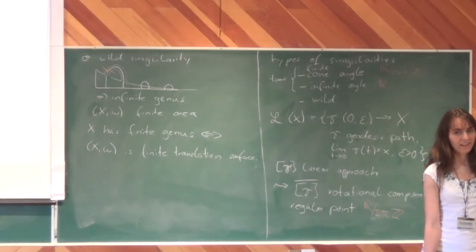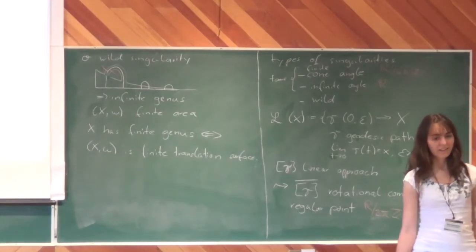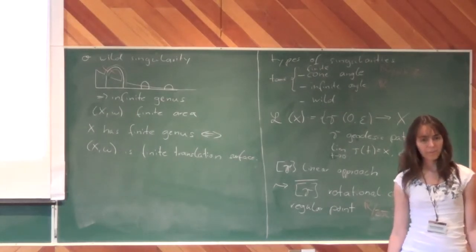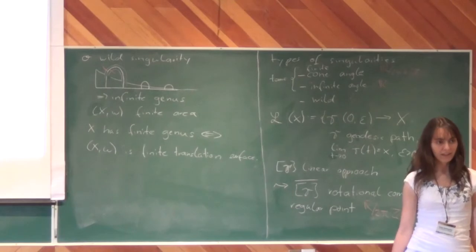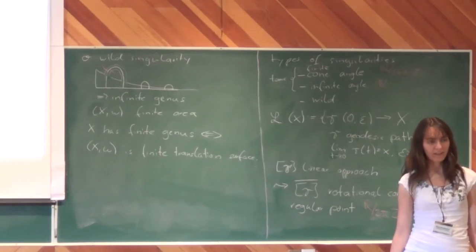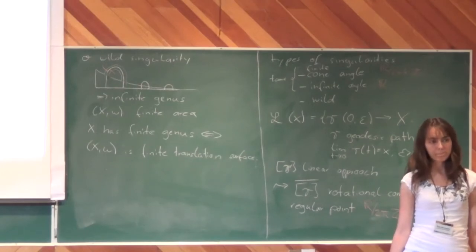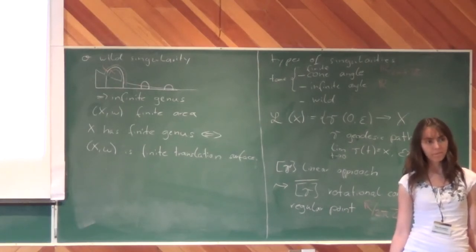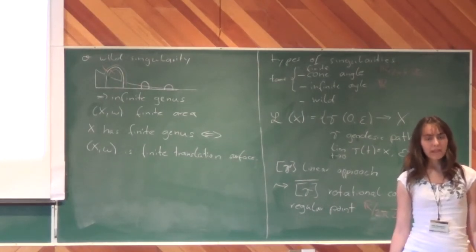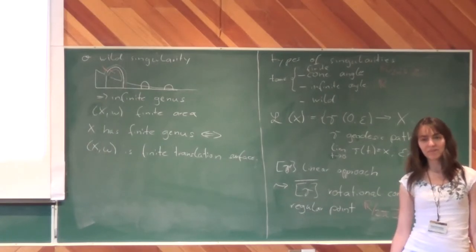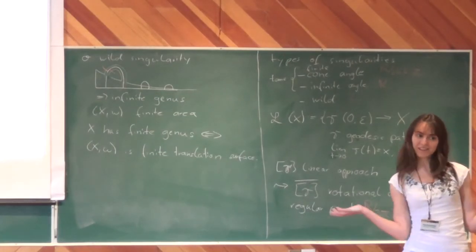For example, can you have a collection of linear approaches which are dense but with dense complement, so that the rotational component is somehow adding in a lot more stuff? Like maybe a translation surface where every rational direction is a linear approach but no irrational direction. It shouldn't exist, but I don't know. Or do you know?